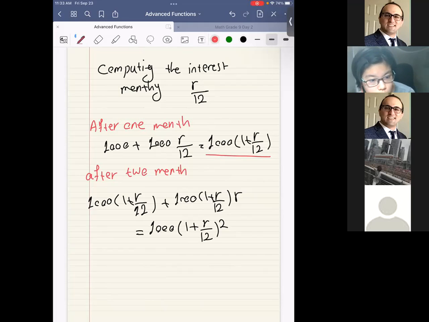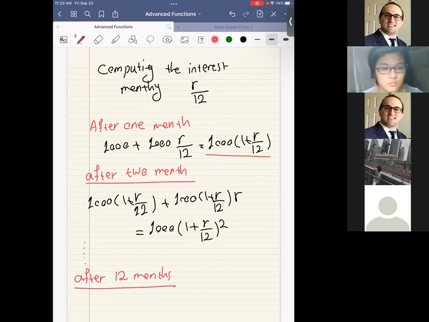So what is the money after 12 months? If you do the same pattern, the same logic, what you get? 1,000 times 1 plus R over 12 to the 12 power.